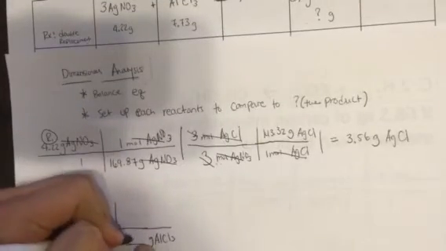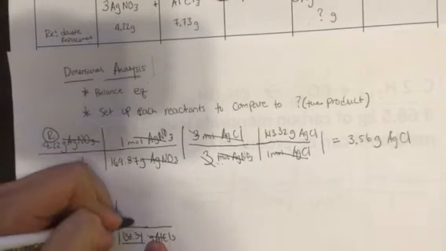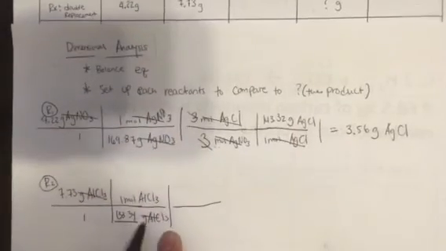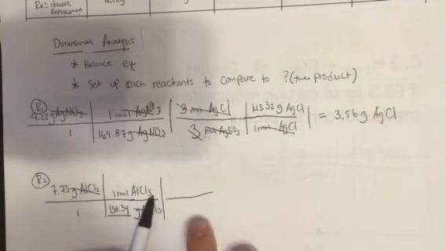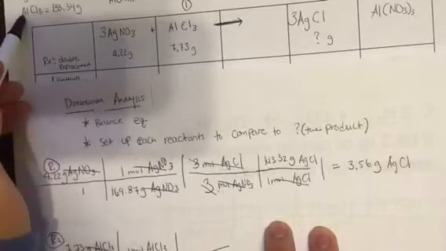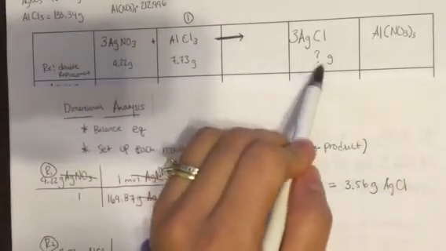So 133.34. Then crisscross. Then I say that's 1 mole of AlCl3. Okay. Then I say, all right, so up to this point, I just found the number of moles for aluminum chloride. From here now, I need to compare my aluminum chloride in the question with the product in question.